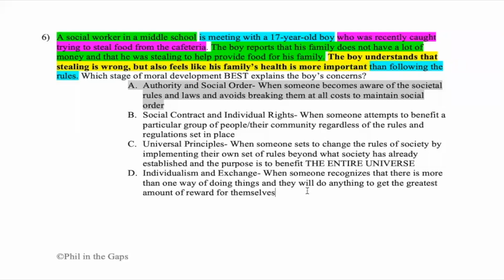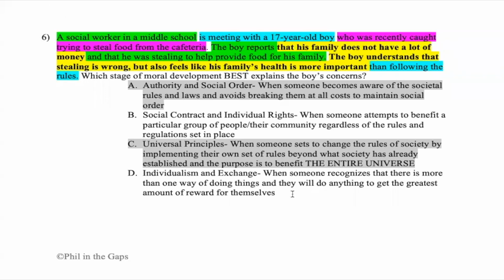We're also going to rule out C. Why? Because he's not trying to advocate for every single individual on the planet. He's saying his family does not have a lot of money, so he's doing it for his family, not the entire universe.